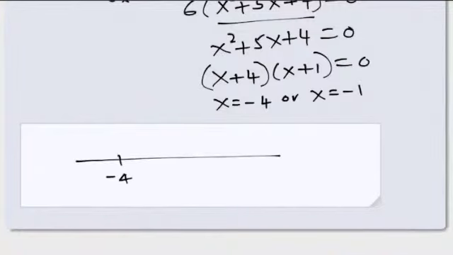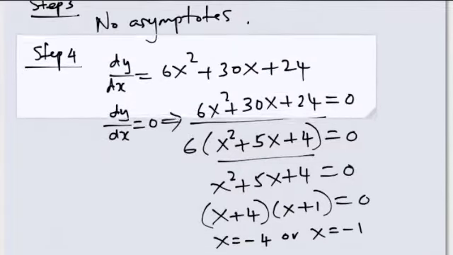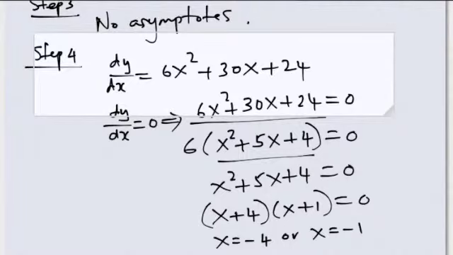So dy dx is on the top, the values of x we'll write below the line. dy dx is 0 at x equal to minus 4, and dy dx is also 0 when x equal to minus 1. If you pick a value between minus 1 and minus 4, for instance minus 2, what will be the value of dy dx?